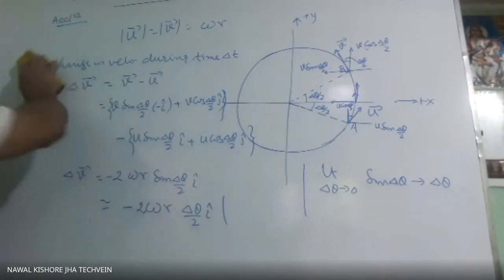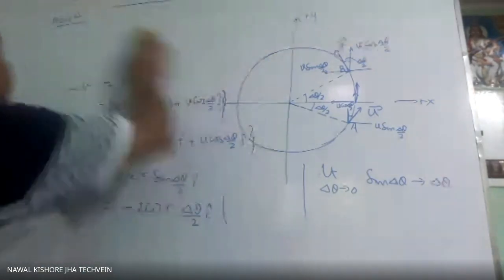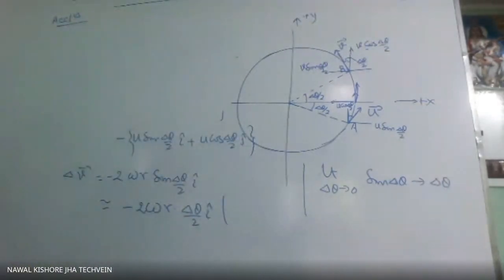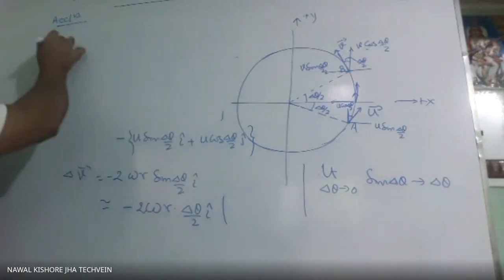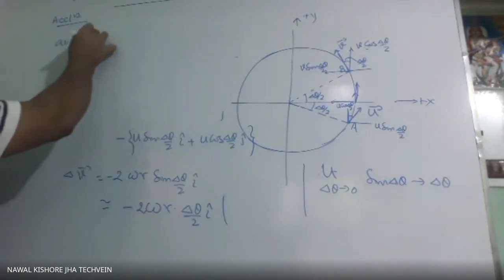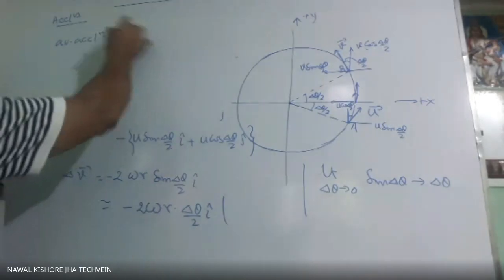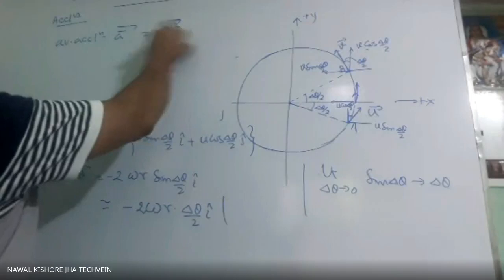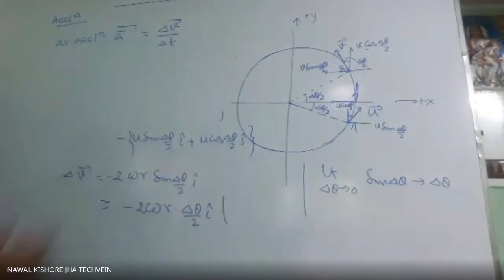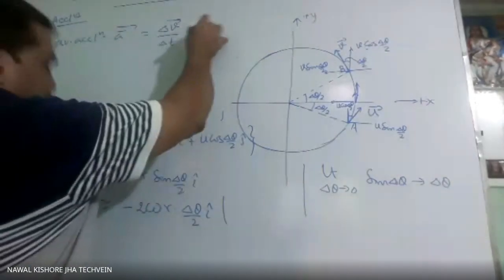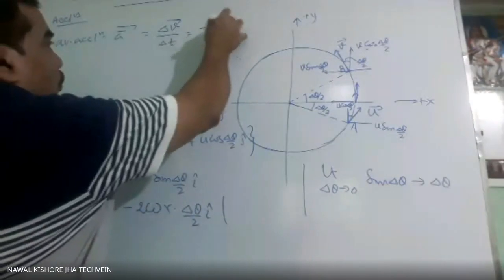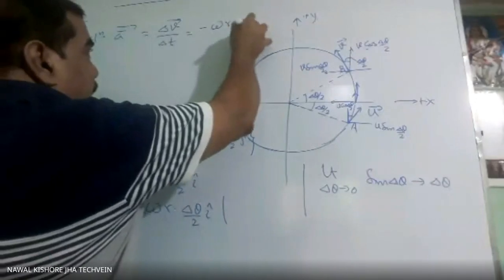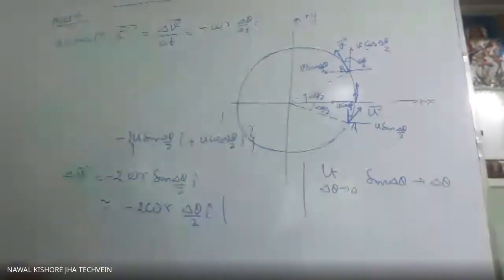So what will be the average acceleration? The average acceleration, a bar, will be delta v by delta t. So it is minus omega r delta theta by delta t, along unit vector i.